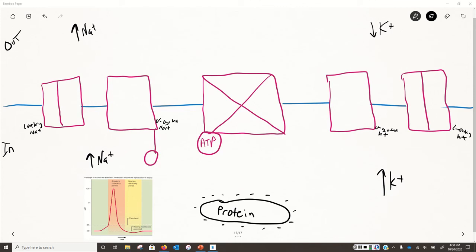First, sodium is going to move through its leaky channel. But which way does it move? Let's look at gradients. Sodium has a high concentration outside the cell, and a low concentration inside the cell.